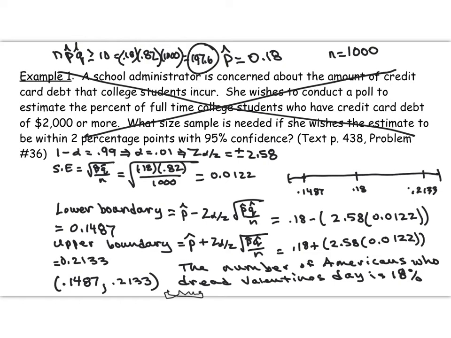Whoa, where did that come from? Percent, with 95% confidence, or 99% confidence.